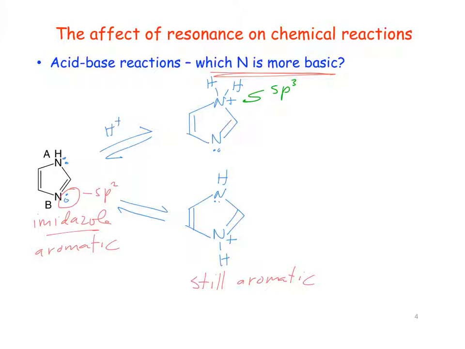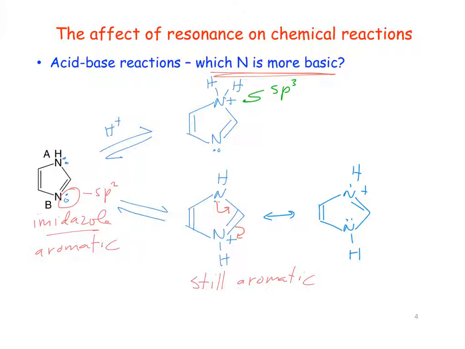We can see this even further by the fact that we can have resonance like this, that shifts the double bond up here, the plus, and the pair of electrons down here. So we could draw additional resonance, but look, we have these two resonance forms that are identical to one another as well.